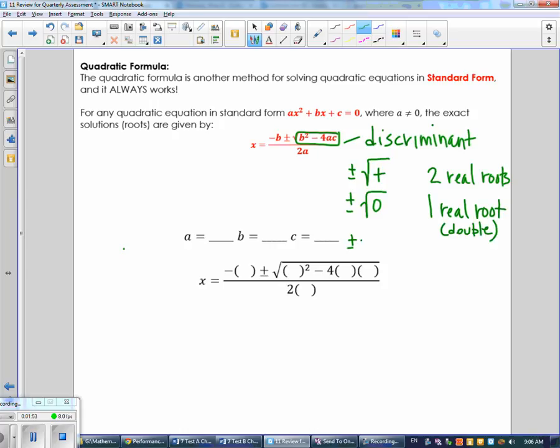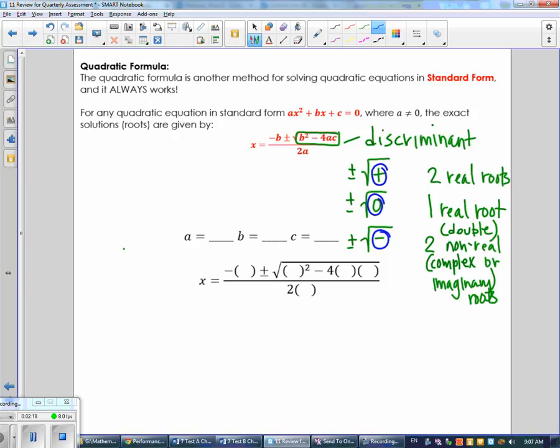And if I have plus or minus and what's underneath is a negative number, if my discriminant is negative, then I say I have 2 non-real, sometimes called complex or imaginary, roots. Okay, and so the discriminant is just the quantity underneath the square root.